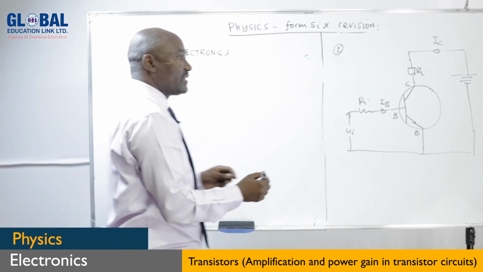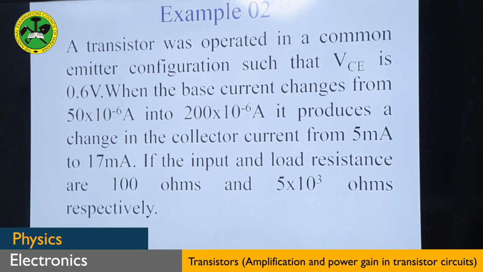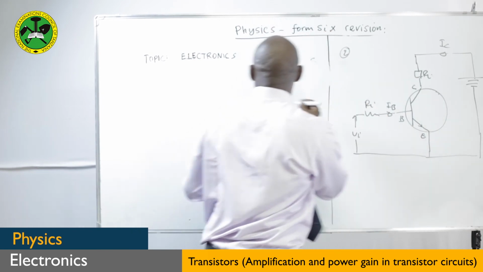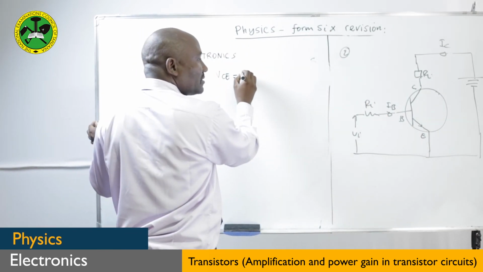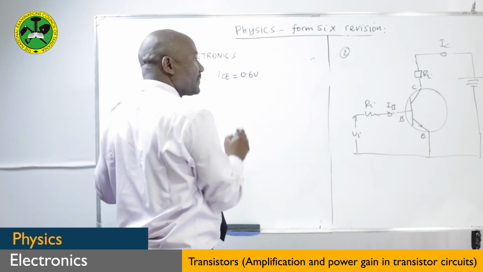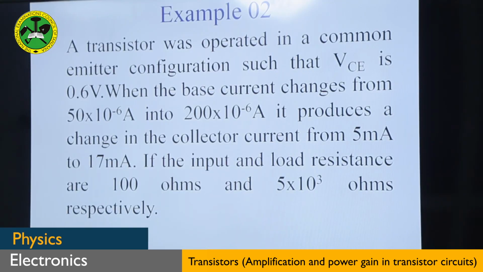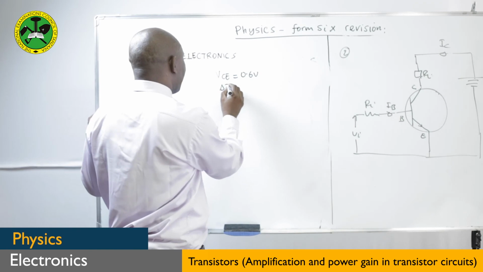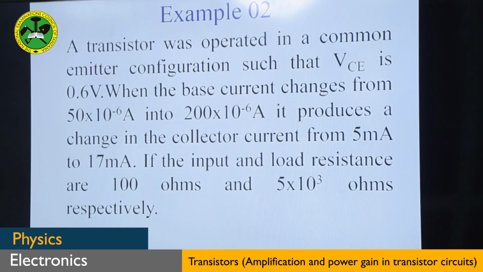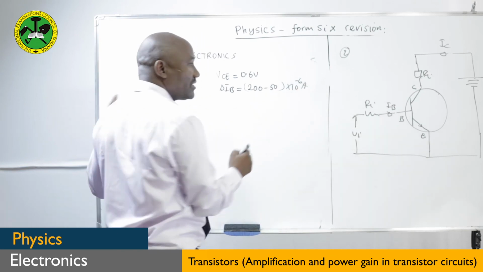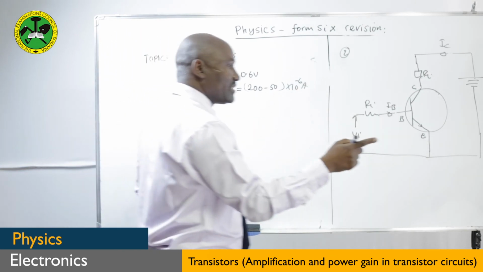So we are given that VCE equals 0.6 volts. When the base current changes, the change in base current equals 200 minus 50 times 10 negative 6 ampere. These changes in the base produce the change in the collector.